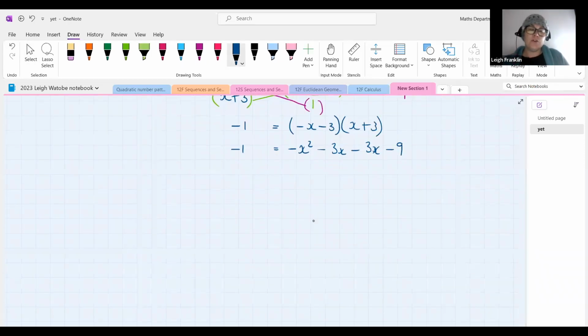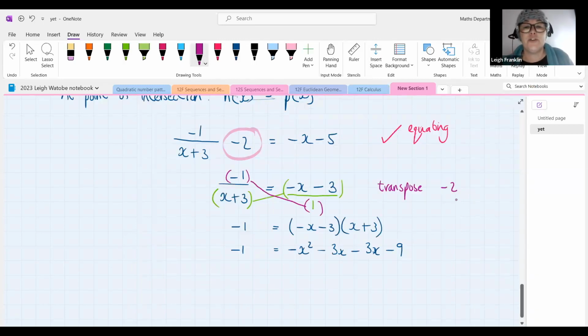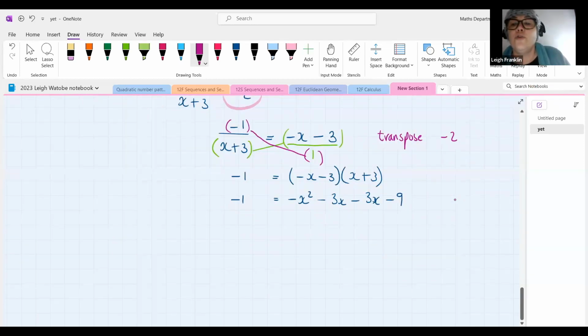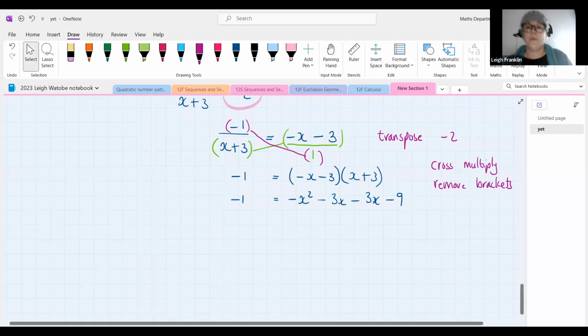After you have transposed the minus 2, you can cross multiply, and you can remove all your brackets.